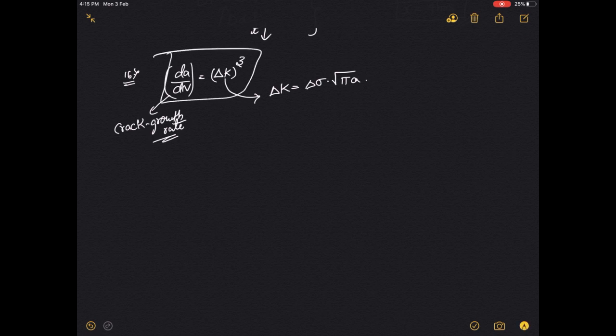This is nothing but the form of Paris law. Now they asked to calculate what happens if the crack length is doubled.